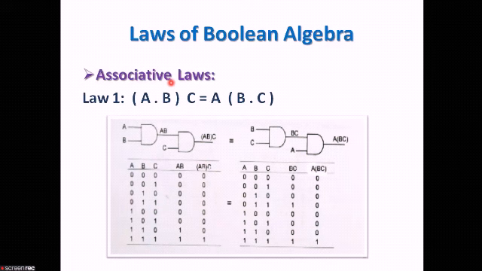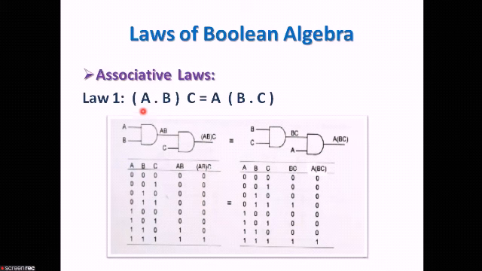We can say that a and b ANDed with c is the same as a ANDed with b and c. This law states that the way the variables are grouped and ANDed is immaterial. This has to be proved using the illustration of the truth table.